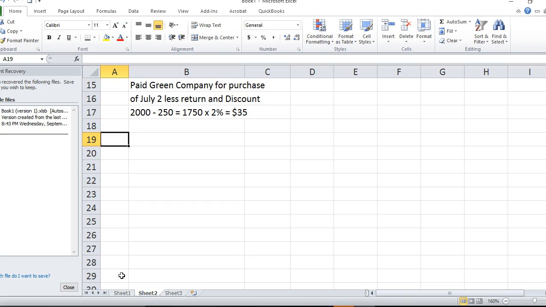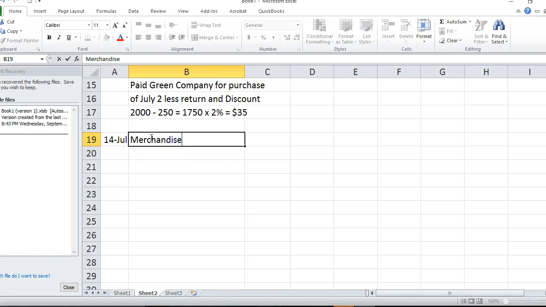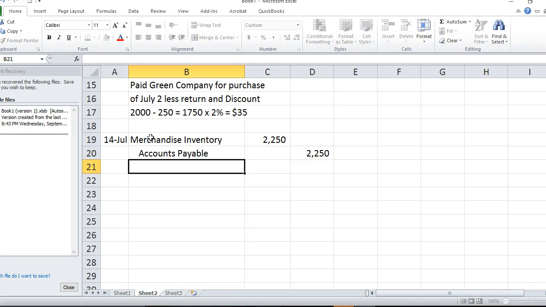We're basically going to show on July 14th that we purchased merchandise inventory of how much? $2,250. So we'll debit our merchandise inventory of $2,250. We'll credit our accounts payable of $2,250.